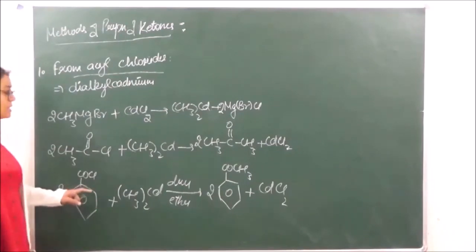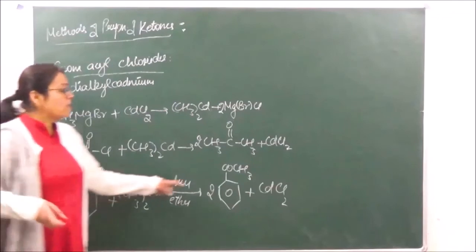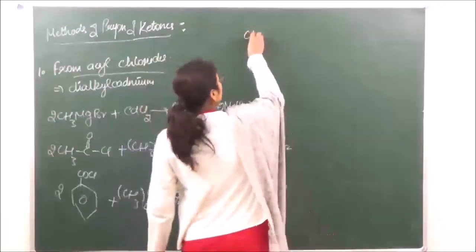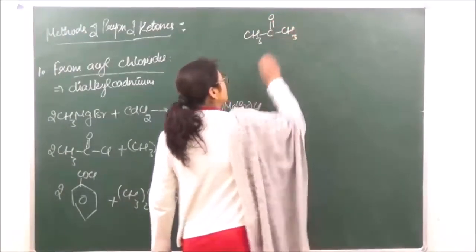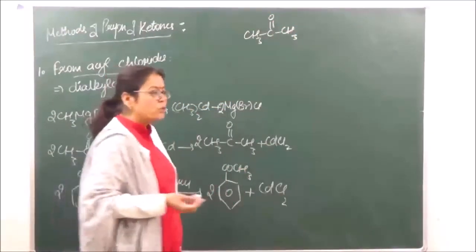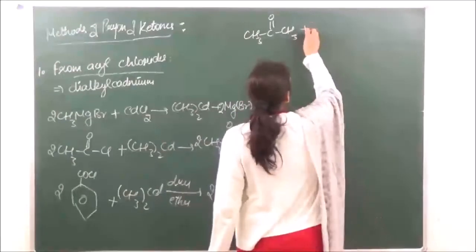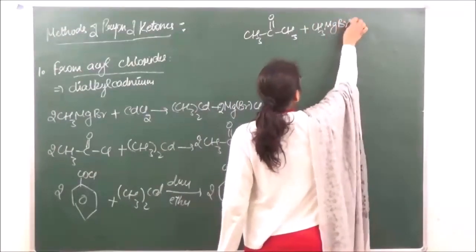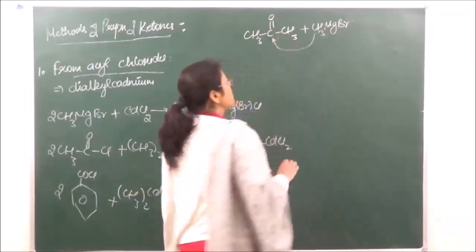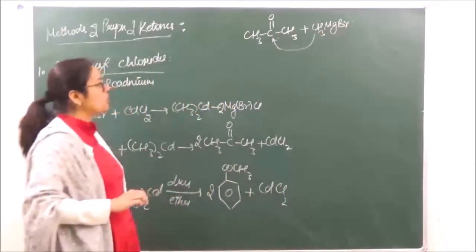Okay, so that is the reason why we are not using Grignard reagent, because the ketone which is formed over here in this reaction, this is the ketone which is going to be formed. So if we are reacting this with CH3MgBr, you know what the process is. We've already done this, methods of preparation of alcohols.